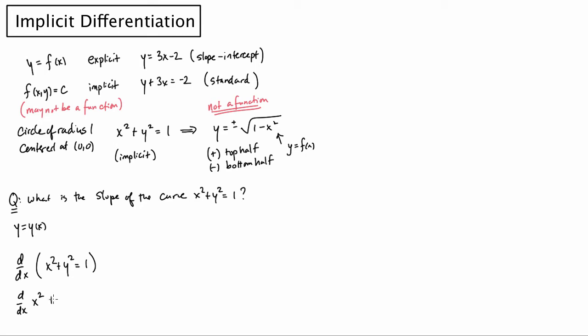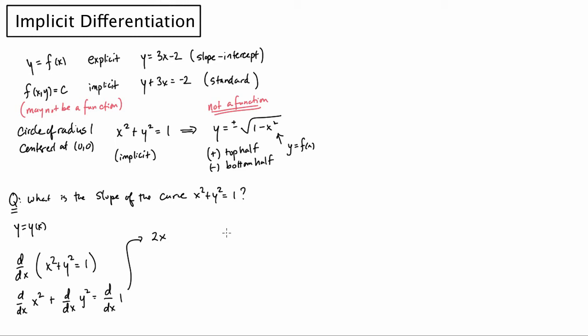So the derivative of x squared plus the derivative with respect to x of y squared equals the derivative with respect to x of 1. I'm basically distributing the derivative using the linearity property. Alright, so going from there, the derivative with respect to x of x squared, we know by power rule, is just 2x.